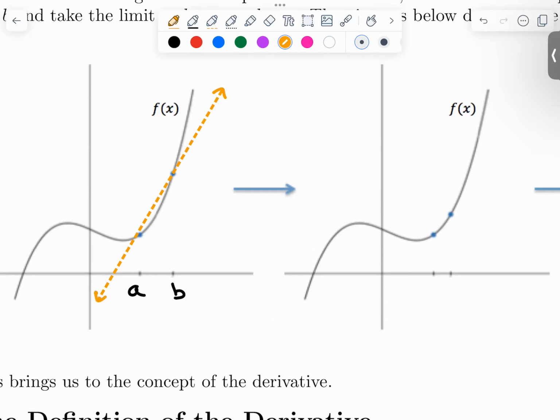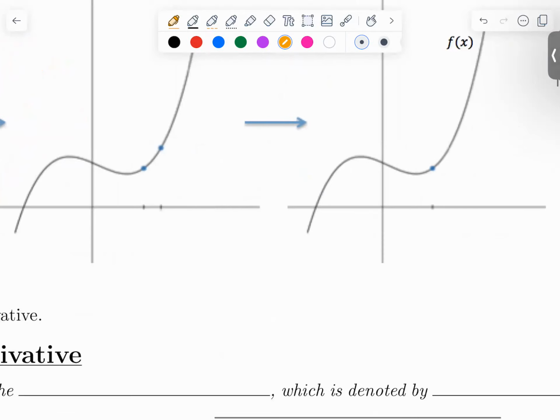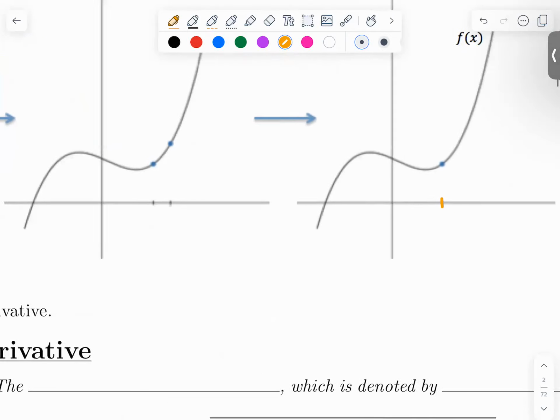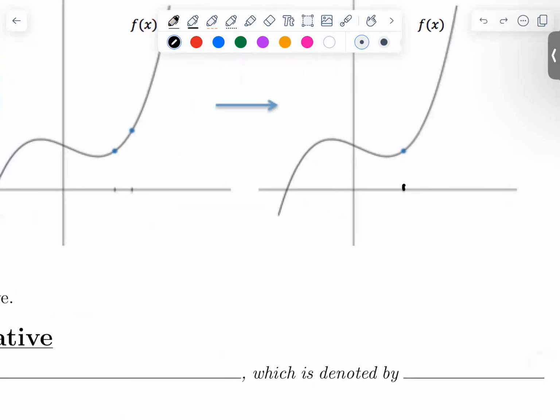So pretty close to A. But if you were to draw, as we see on the last problem, if A is right here, if A and B are the exact same point, our tangent line looks like this.